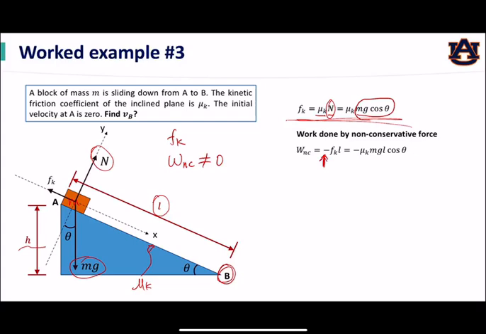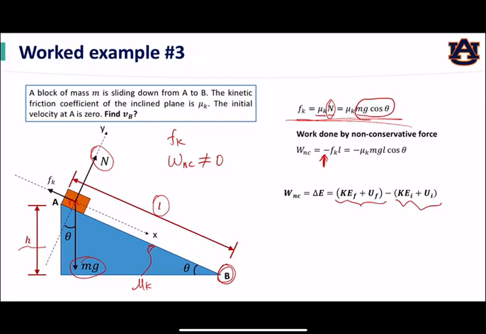So we know that when the non-conservative force has done finite work, it's going to cause a change in mechanical energy. So it equals the difference between the final mechanical energy and the initial mechanical energy.